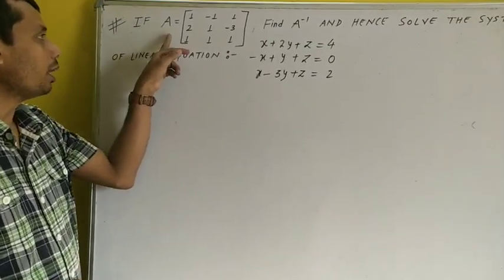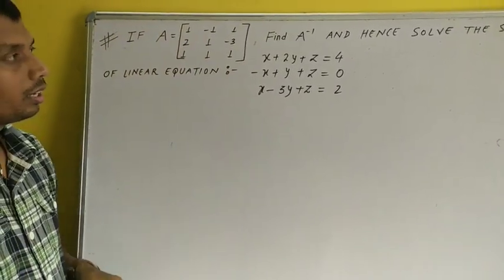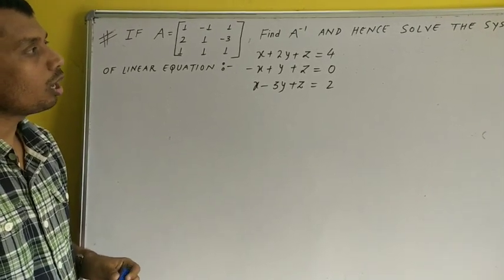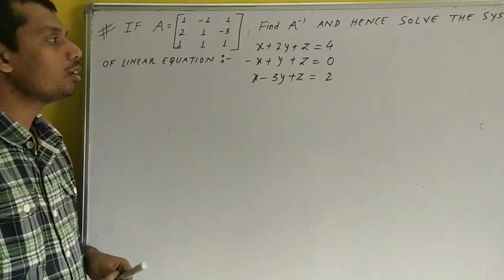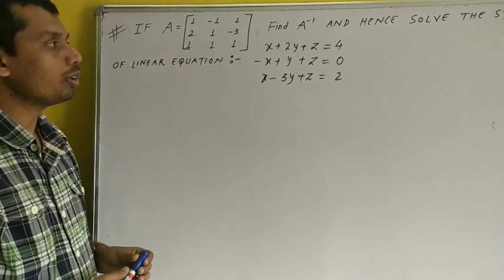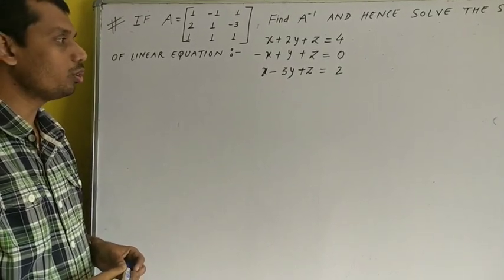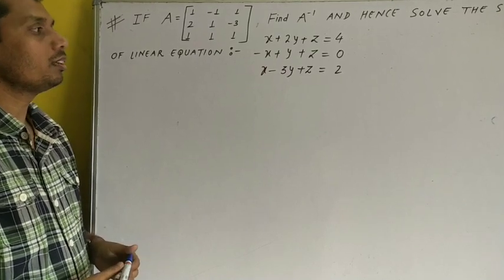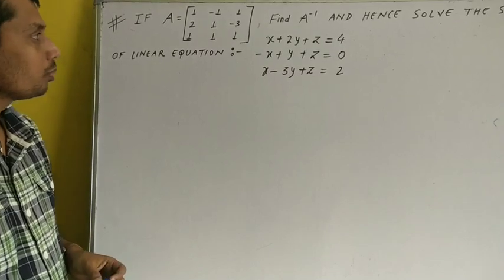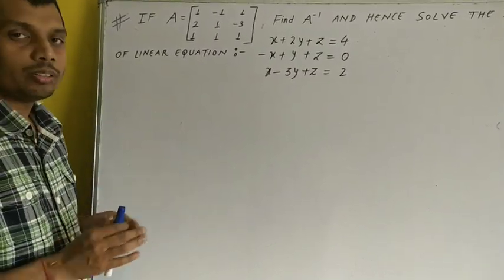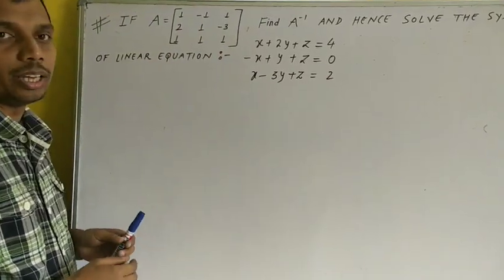If a matrix A is equal to this, find A inverse and hence solve the system of linear equations x plus 2y plus z equals 4, minus x plus y plus z equals 0, x minus 3y plus z equals 2. Now, as per the question, first of all we have to determine the value of A inverse.